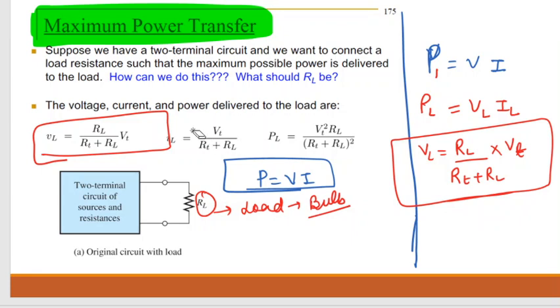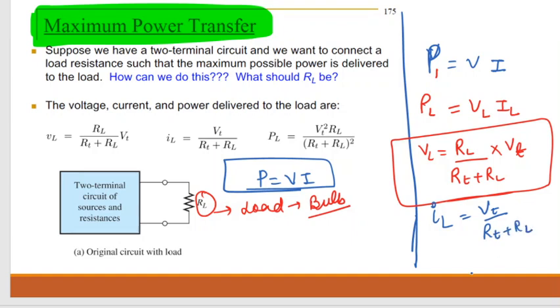Similarly, IL is how much? IL is VT over RT plus RL. Now can you multiply these two terms? After multiplying VL and IL, what will you get? You will get this value.